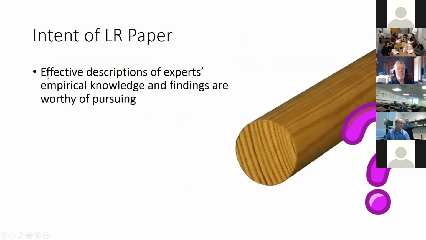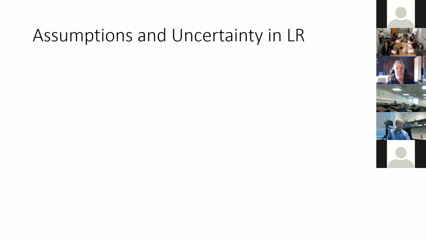We would like to see increased attention given to developing effective descriptions of what the expert's empirical knowledge is, and we think this is worth further study. So those are really our punchlines to the paper as we see it, and I'd like to revisit that in a little bit greater depth in hopes to prompt conversation and understanding.